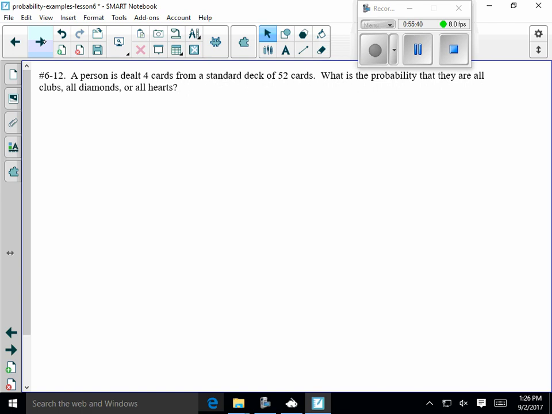Okay, I think I would write it this way, right? The first card would have to be a club, and the second card club, and the third card club, and the fourth card club, or we could have diamond, then diamond, then diamond, then diamond, or we could have heart, then heart, then heart, then heart. And we'll use and/or rules.